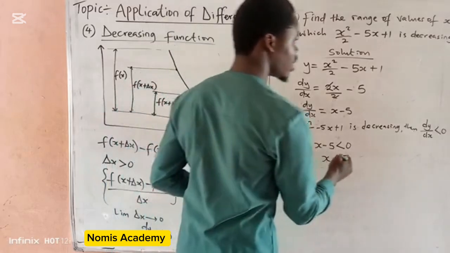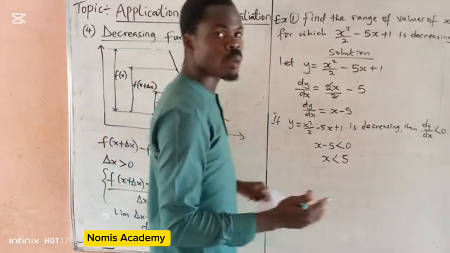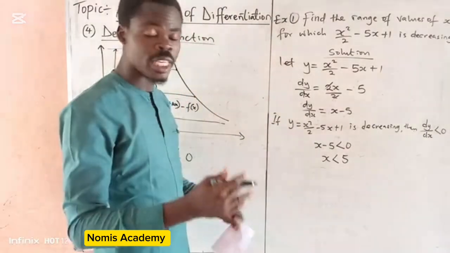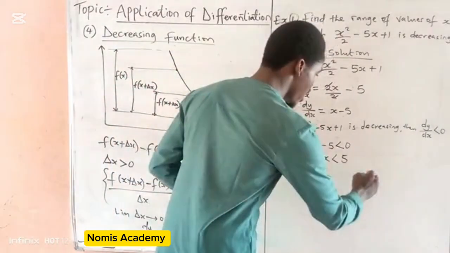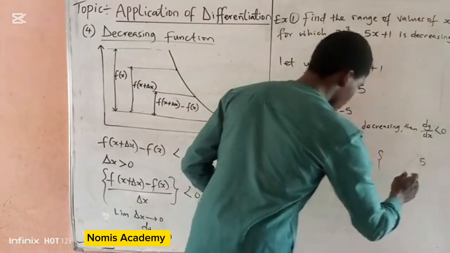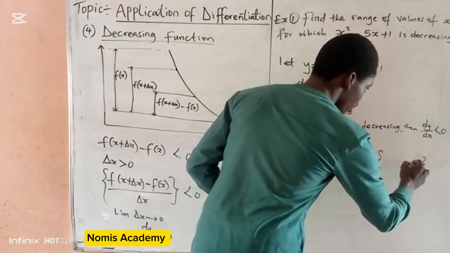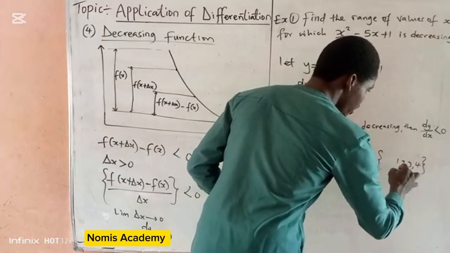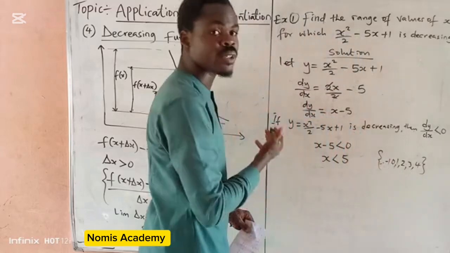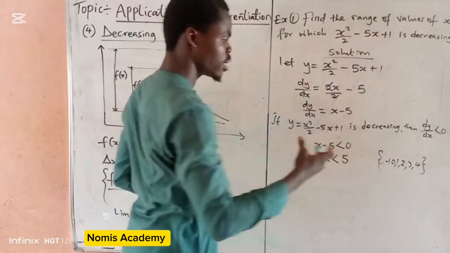So from x less than 5 downwards to the negative interval are the range values of x for which the function is decreasing. Writing it in set form, we have from 5, and 5 is not included in the set: 4, 3, 2, 1, 0, minus 1, up to negative infinity are the range values for which the particular function is decreasing.